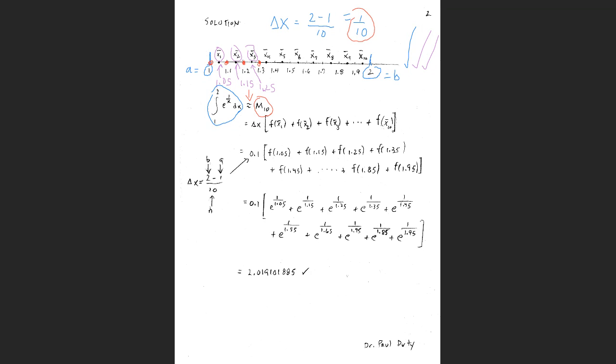That's why I have the two squiggly signs. It's an approximation, and this is the formula here. I'm taking delta x and multiplying it by the sum of 10 function values, each evaluated at a midpoint.